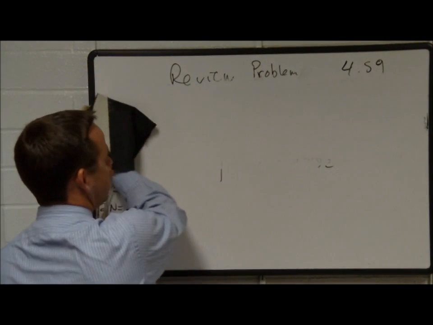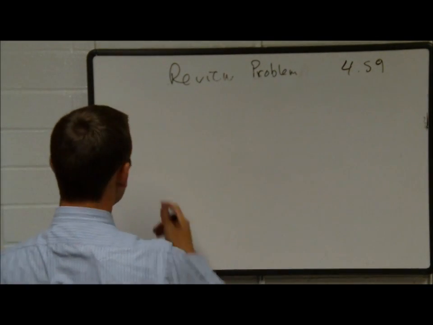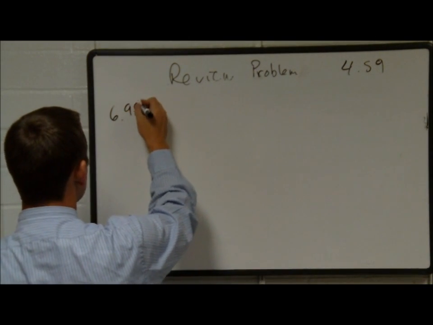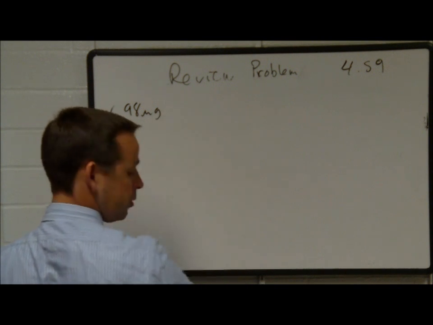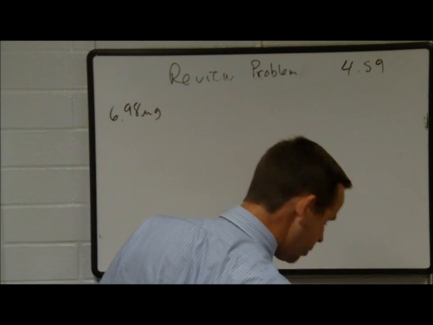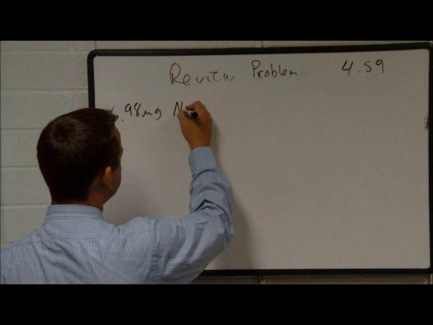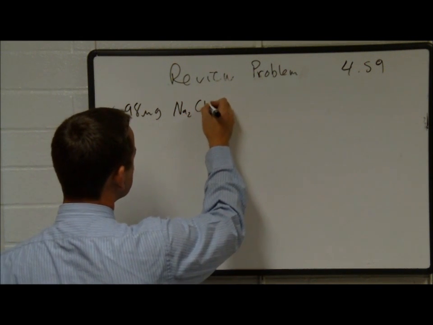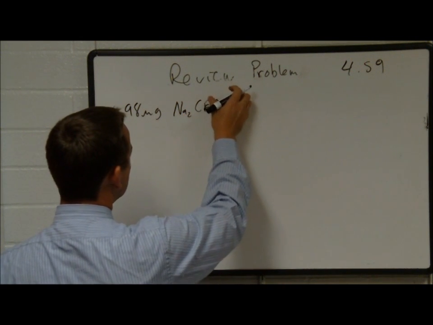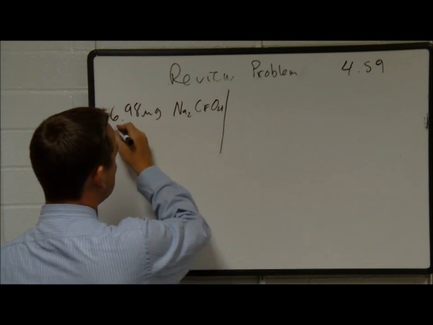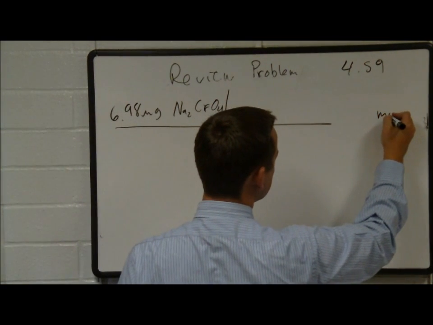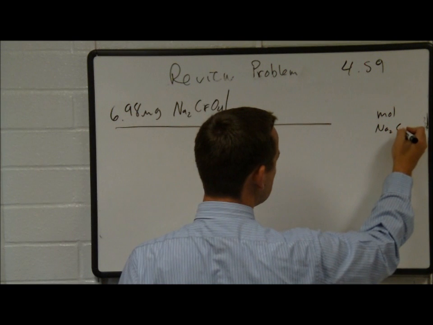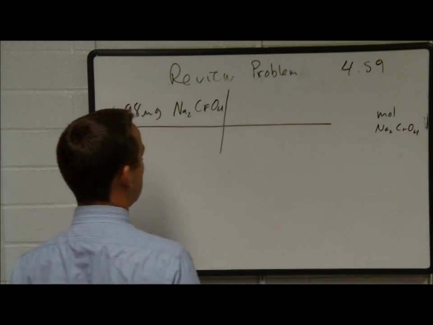I'll set the whole thing up again so it's not confusing, I guess. Micrograms of, what was it? Sodium chromate, Na2CrO4. And the question is, how many moles of Na2CrO4 is that?